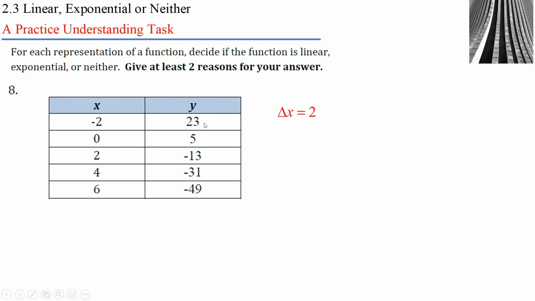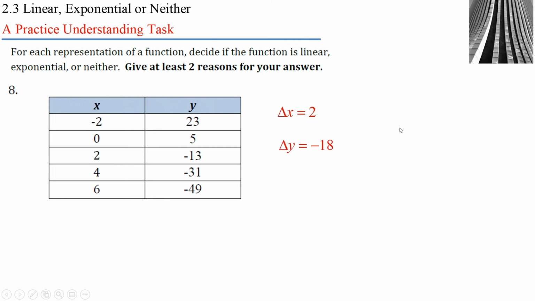And guess what we're going to do for our y's? The change in y. And what is the change in every y? Well, 23 goes to 5, 5 goes to -13, and so on. It looks to me like we are subtracting, and what would that be? 5 plus what number is 23? Aren't we subtracting 18? The change in y is -18.